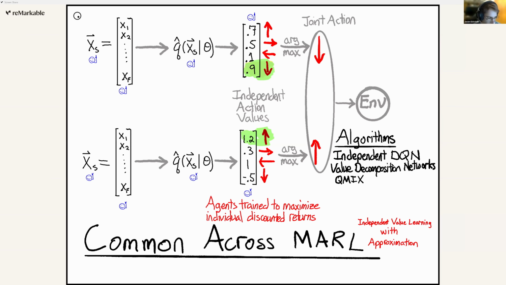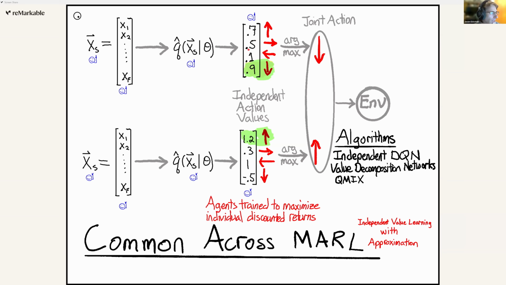And this is equivalent to a q function that an agent would learn in single agent learning. But here, each agent is getting its own feature vector input from the environment. It has its own parameters that this function is conditioned on. And then each agent will just output its learned action values in this case.